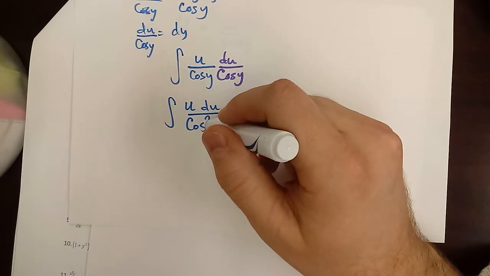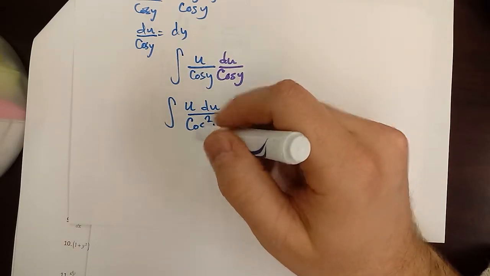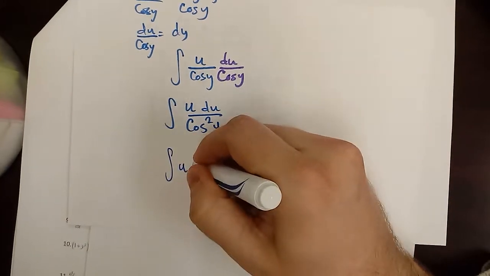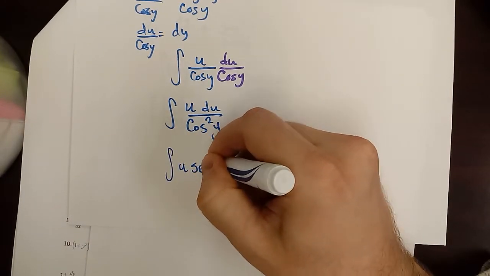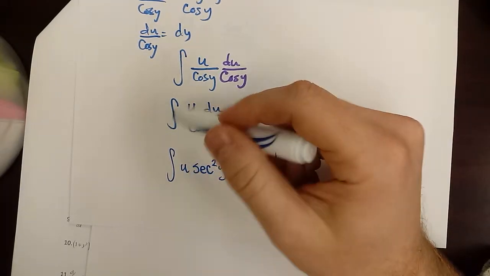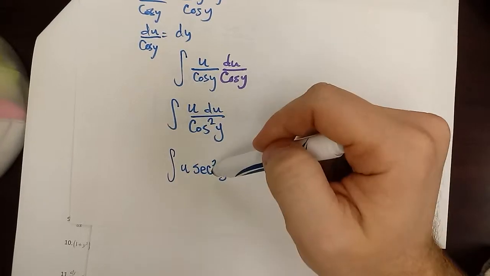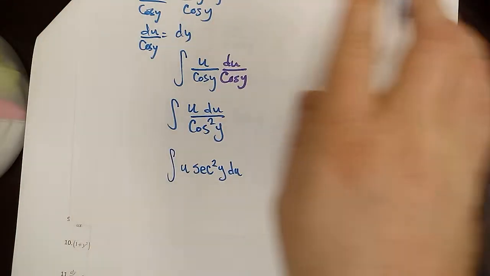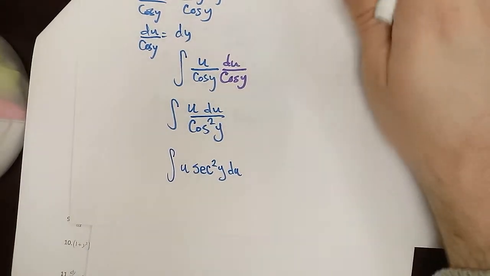Let's see, I need to figure out a way to get rid of the cosine y. Can I say the integral of u secant squared y du? But I still don't have... Never mind, I'm just stuck.